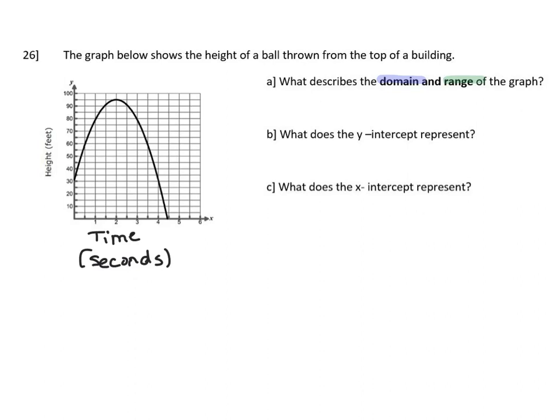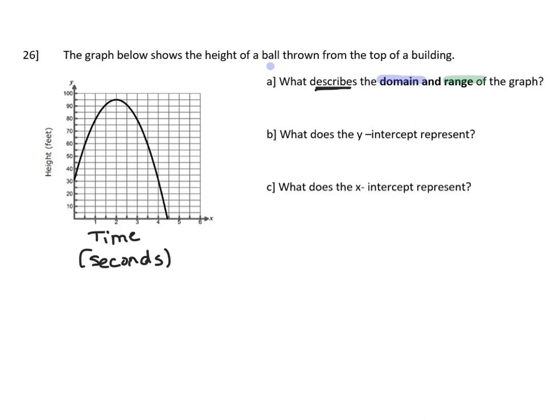So on question 26, we have a graph and it is referring to a ball and its height as it's thrown from the top of a building. And so when it asks us what describes the domain and range, it's not asking us to actually identify what the domain and range is, but more of what does it represent, what is it referring to.